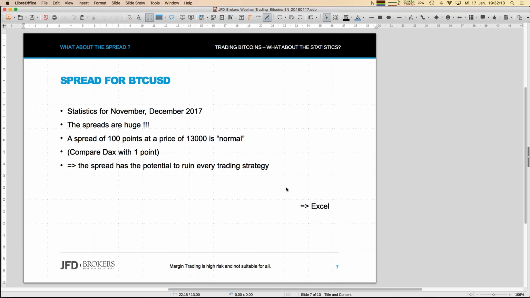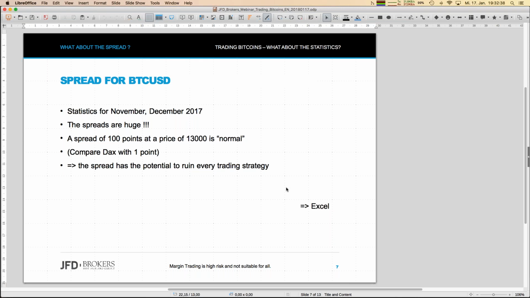Trading Bitcoins, it was more than visible. Just an example, because it's already here on the slide. And then I will pick up my statistics starting in November 2017, when it was possible to trade Bitcoins at JFD. What was not unusual were 100 points spread at a price level of 13,000.